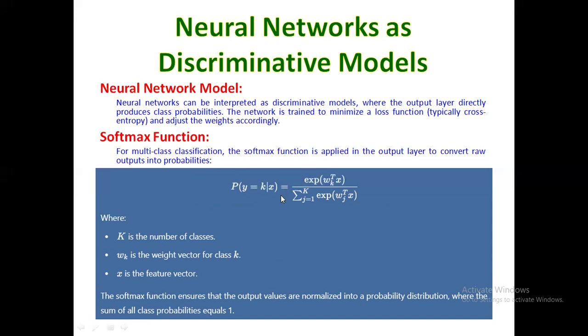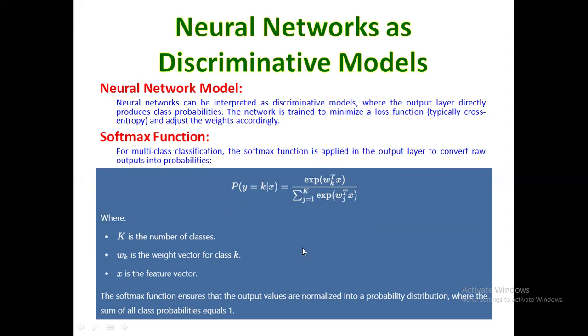The softmax function is given by probability of y equal to k given x equal to e to the power w_k transpose x, divided by the summation of j equal to 1 to K of e to the power w_j transpose x, where capital K is the number of classes, w_k is the weight vector for each class k, and x is the input vector.